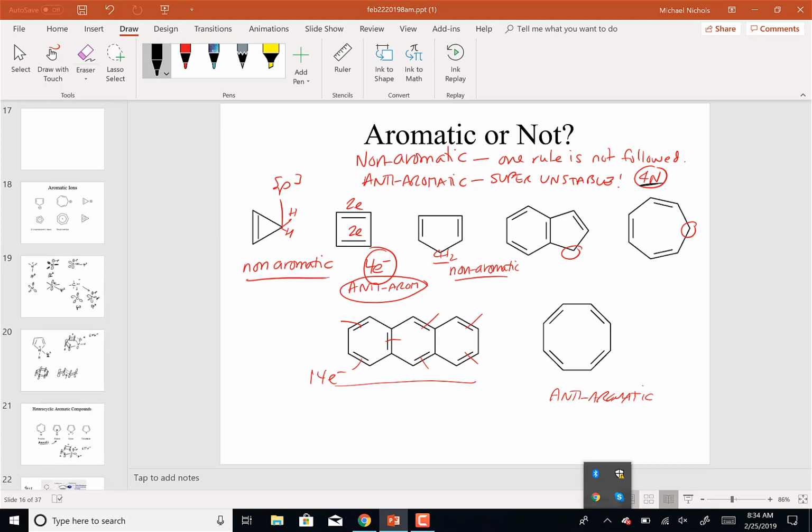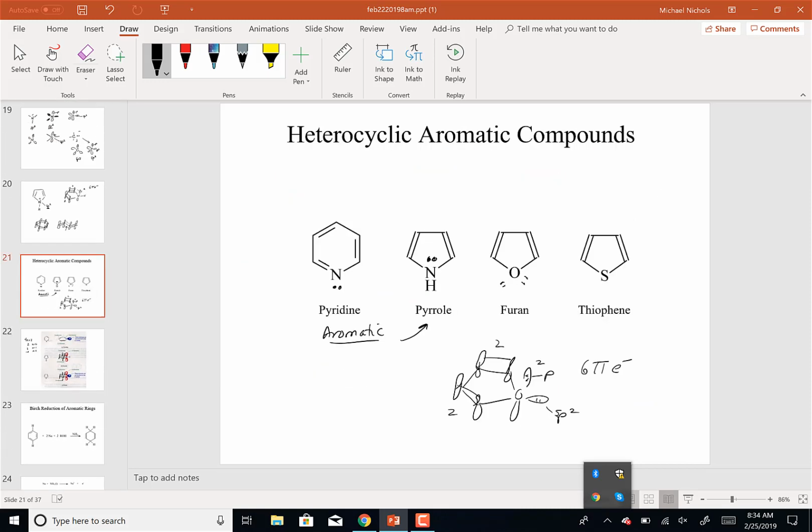Okay, so for heterocyclic compounds, this choice is how they proceed. Now, I do want to talk about bases here for a minute. For nitrogen compounds, what does it take to be a base?